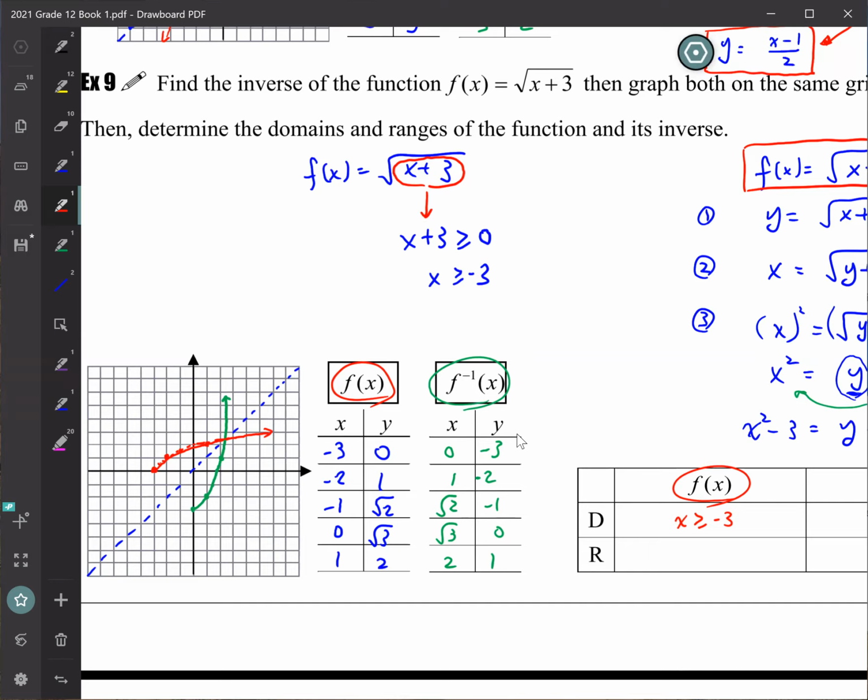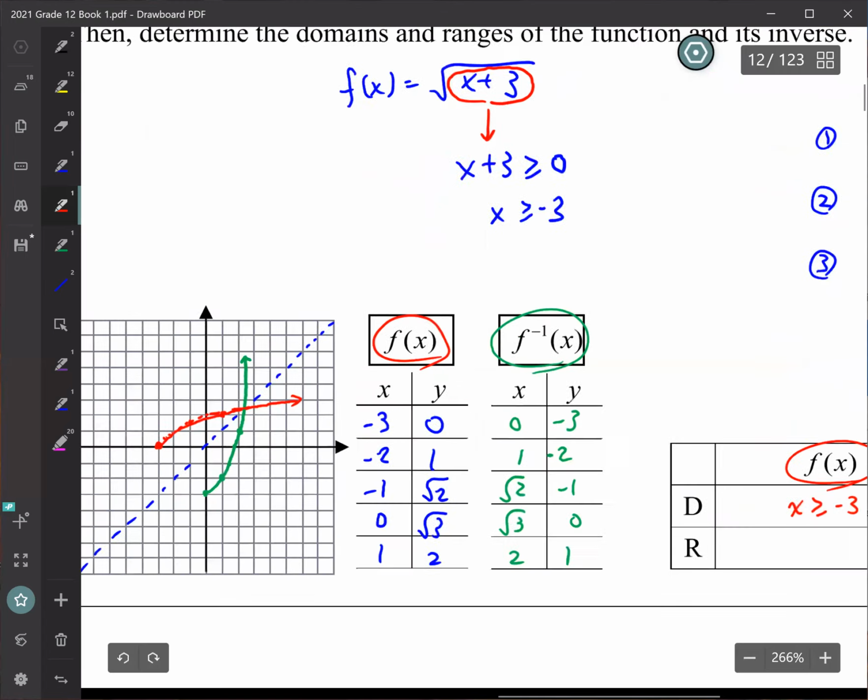And then the range depends on the X, because range is the Y. Y depends on your input. So you can get the range by looking at the picture now. Okay, what does the range look like? Nick, what do you think the range is? Y must be greater than or equal to -3. Why is it -3?